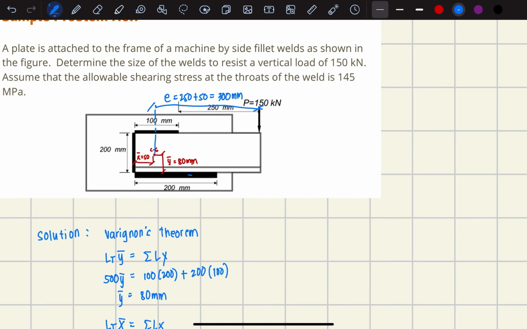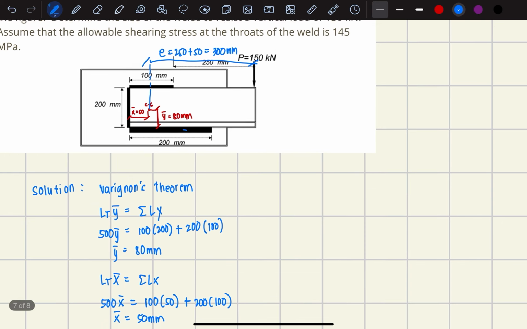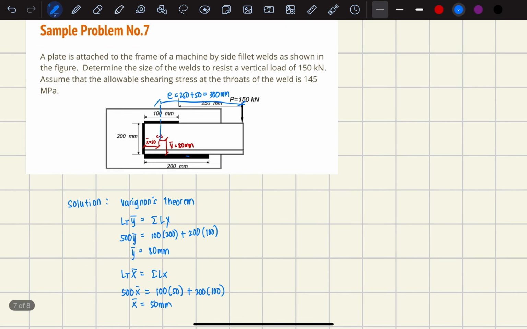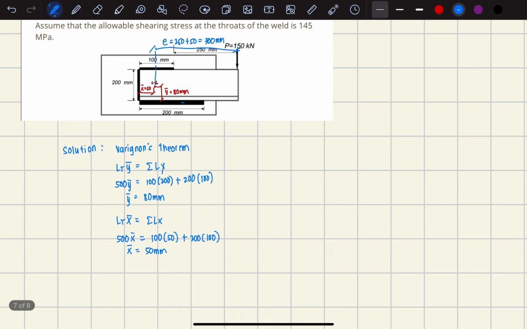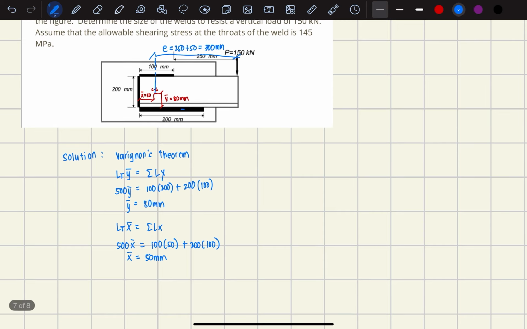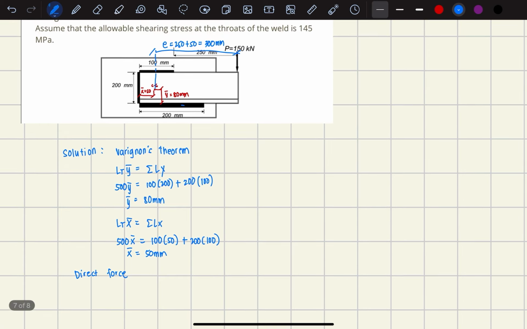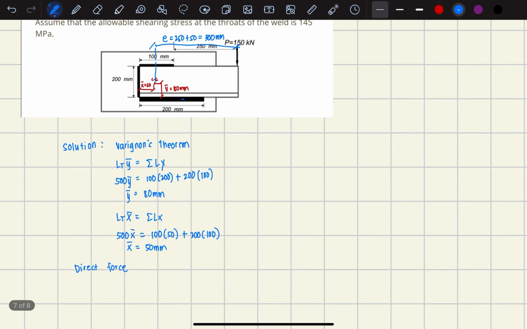Next is, computin natin class yung magiging direct force na gawa ng load P natin. So, ito yung direct force, no? So, may component tayo dyan, yung QX and QY.